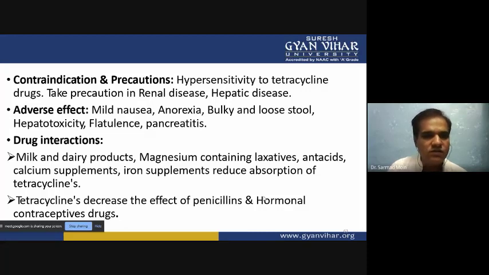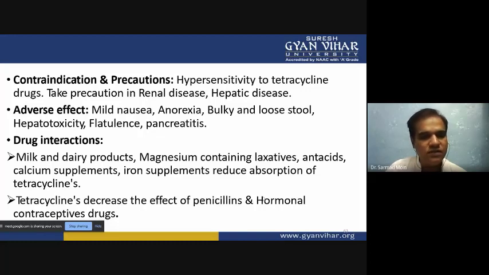Now, regarding drug interactions: milk and dairy products, magnesium-containing laxatives, antacids, calcium supplements, and iron supplements reduce absorption of tetracycline. So when we give tetracycline to patients, we should advise them not to take milk and dairy products, magnesium-containing laxative agents, antacids, calcium supplements, or iron supplements.